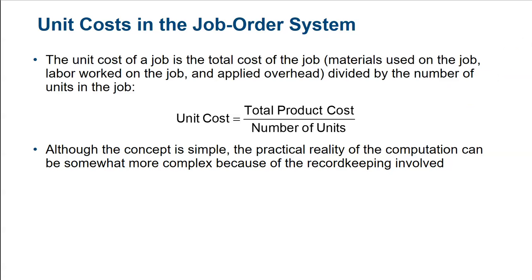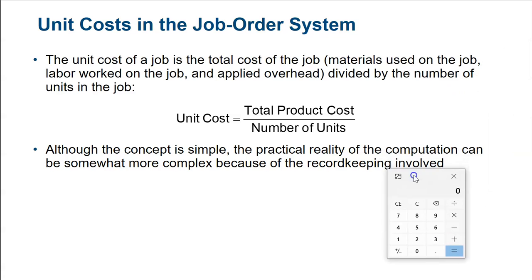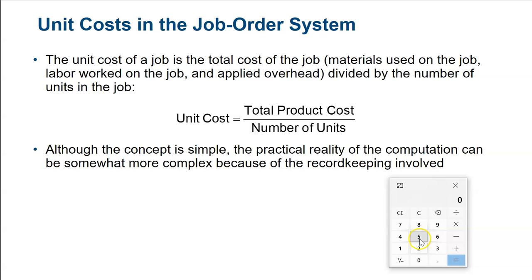So let me just give you an example here. I think this is pretty self-explanatory. Let's just say that we had direct materials of, I don't know, 75,000. And let's say we had direct labor of 70,000. Okay, so now we're up to 145. And then let's just say that we had manufacturing overhead of, let's go with 80,000.